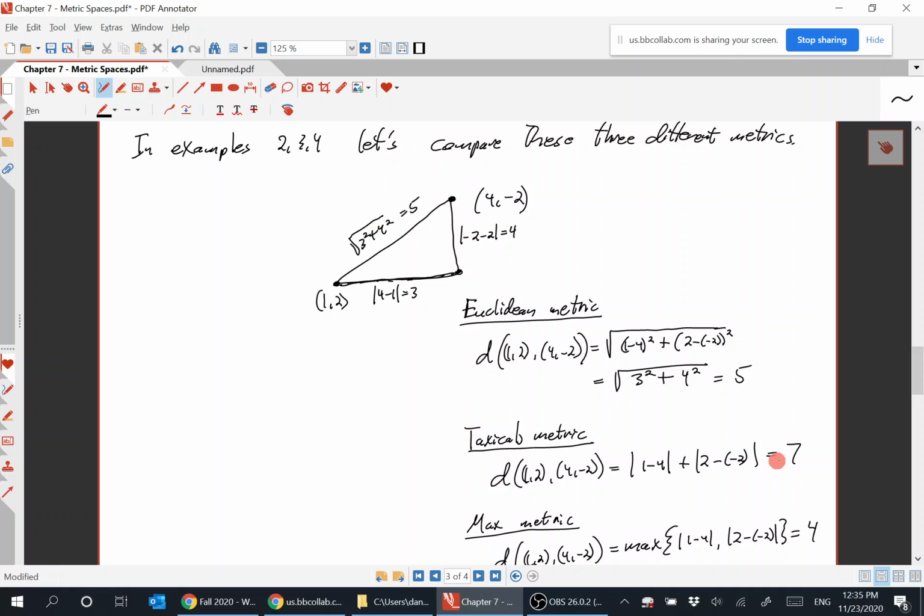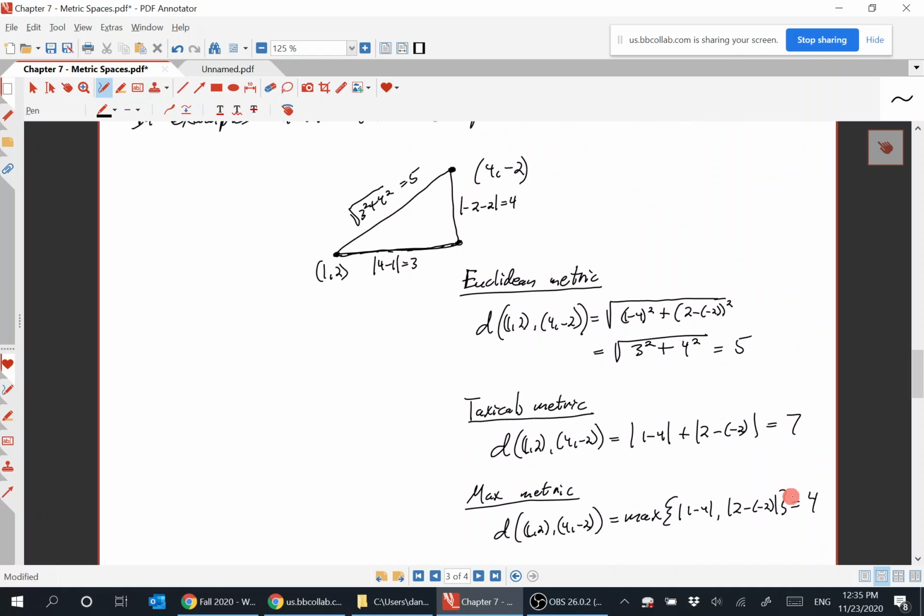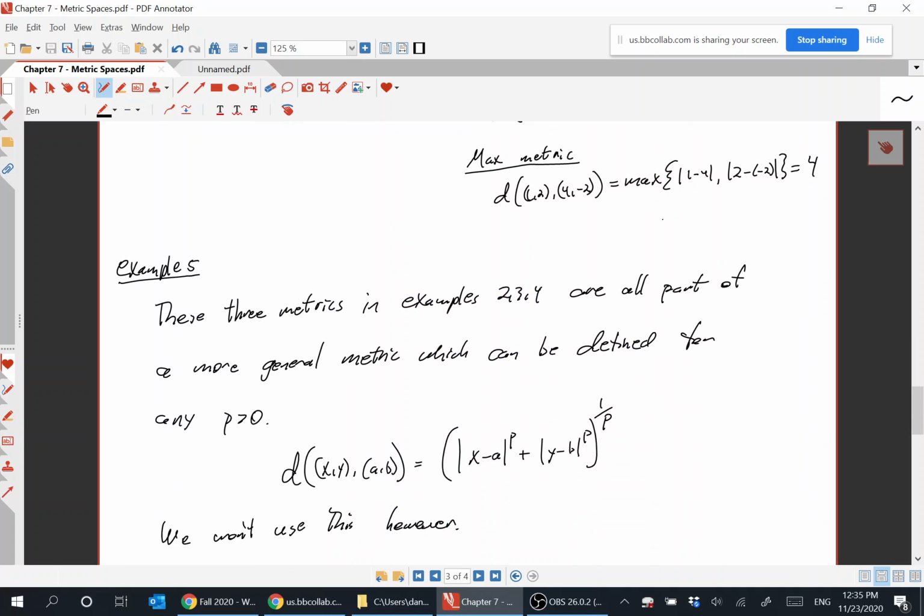And the taxicab metric gives you a distance of 7. And the max metric gives you a distance of 4. Notice the max metric is the smallest, and the taxicab metric is the biggest. These metrics are examples of the following.